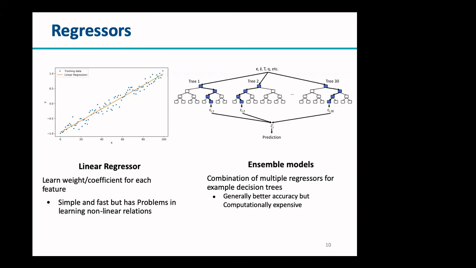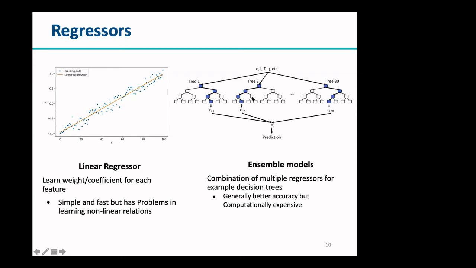And in advanced machine learning or regressor models, we use ensemble models. The idea of an ensemble model is a combination of multiple regressors, for example, decision trees.